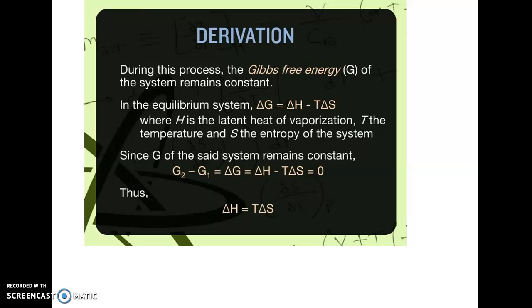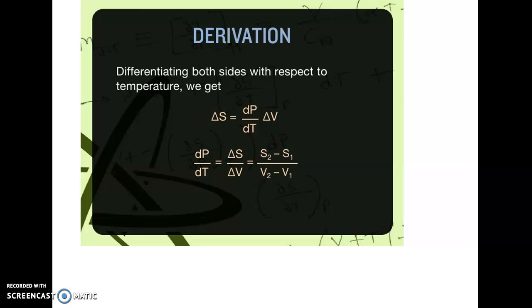Therefore, delta H is equal to T into delta S. Differentiating both sides with respect to temperature, we get delta S is equal to dP by dT into delta V.